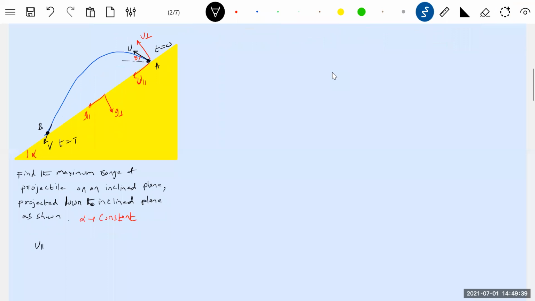First we'll define them. u parallel will be u cos theta plus alpha, because this angle is theta, and this is alpha.